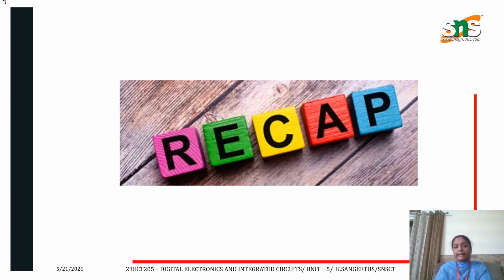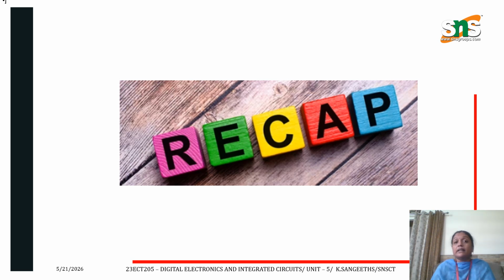The integrator circuit is used to convert the input signal, that is the square waveform, into a triangle waveform by accumulating the input signal.